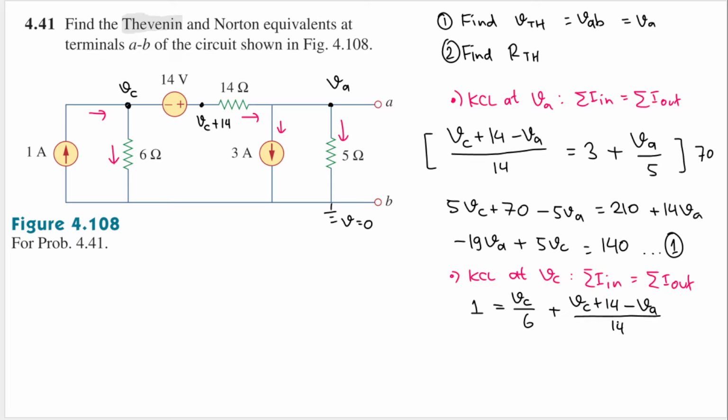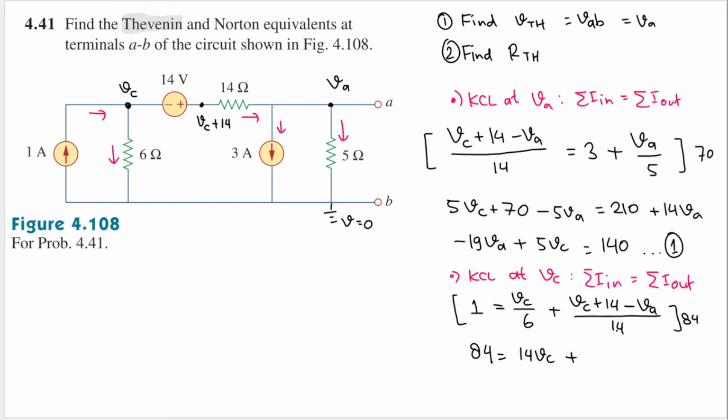Okay, so I think I need to multiply this by what? 84? Yeah, maybe 84. So on the left hand side, I will have 84, and 6 and 84 will cancel into 14. So I will have 14 VC.